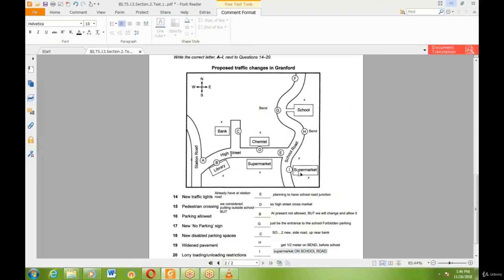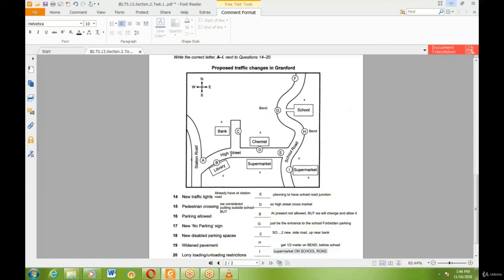There's a supermarket on School Road. This other market is on High Street. So it has to be I, because they said supermarket. There are two supermarkets, right? So when they said supermarket on School Road, you had to recognize that.